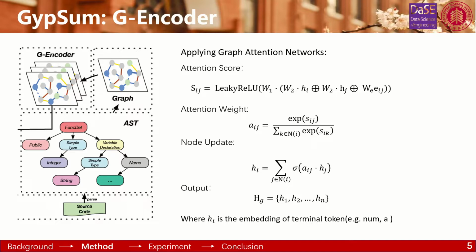In the graph propagation of each layer, we calculate the score between any nodes in the above way, and use softmax to calculate the weights between each node and their adjacent nodes, and finally use the weighted sum as the updated node representation. To reduce the computational cost, we only take the hidden state of terminal nodes as output.